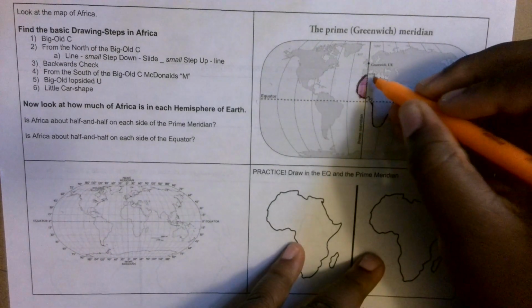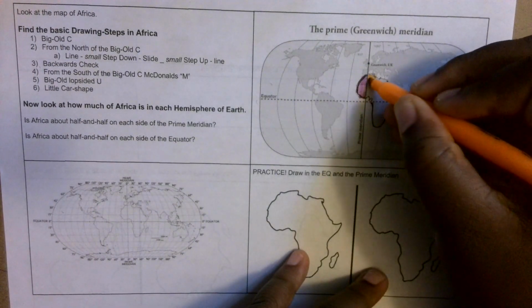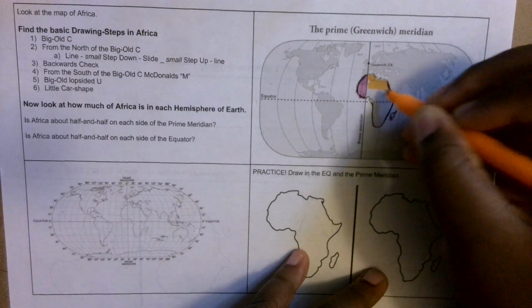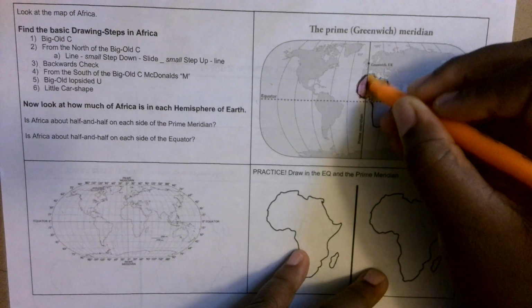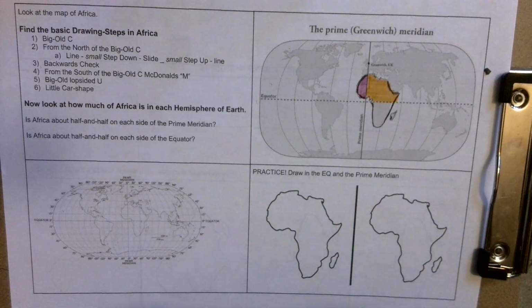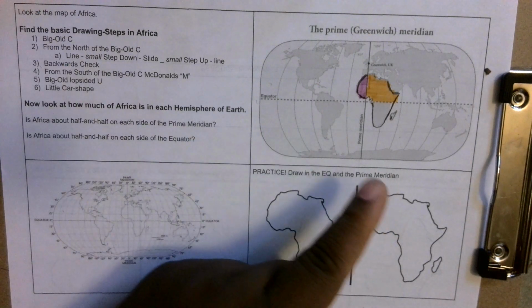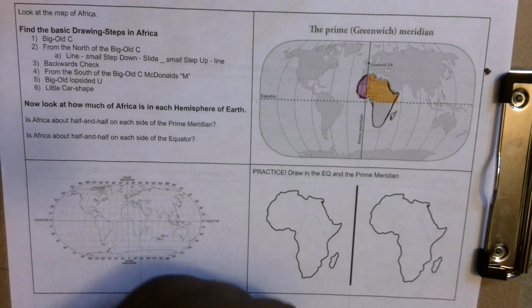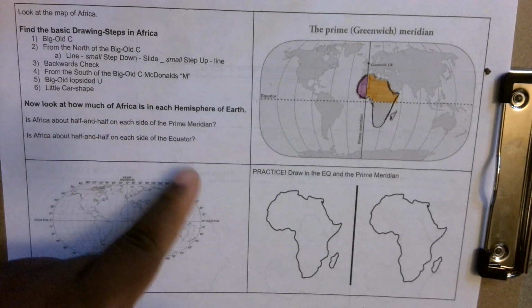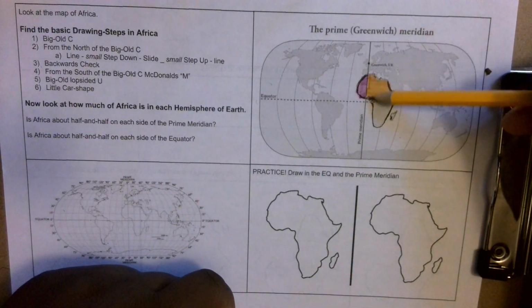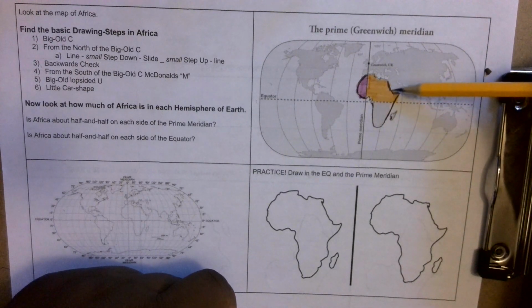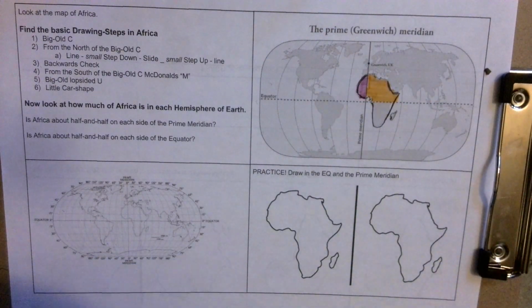But if I look in the eastern hemisphere, that orange portion is much greater than the purple portion. And so no, Africa is not about half and half on each side of the prime meridian. There is more of Africa in the eastern hemisphere than in the western hemisphere.